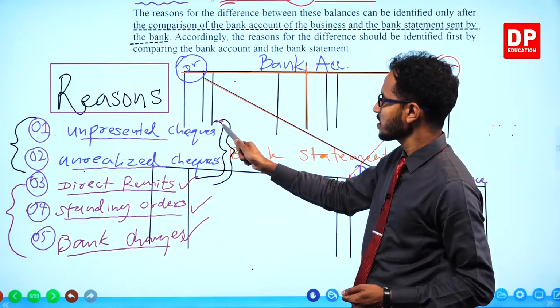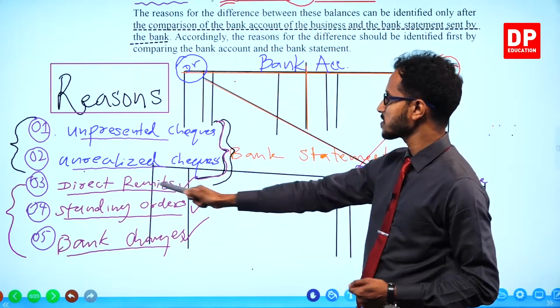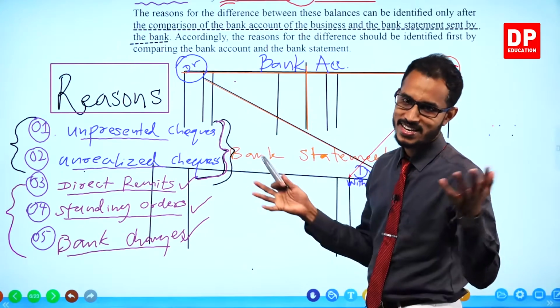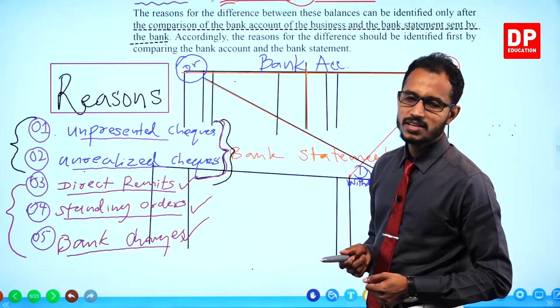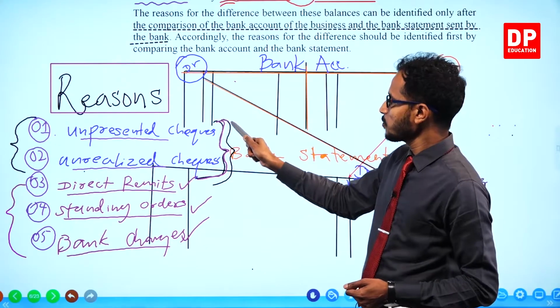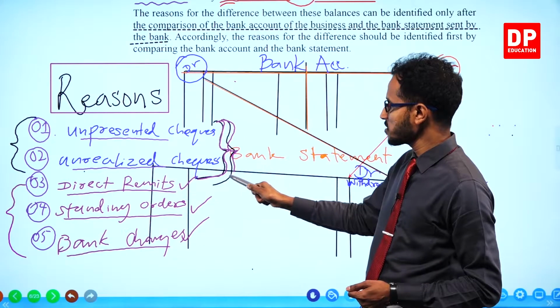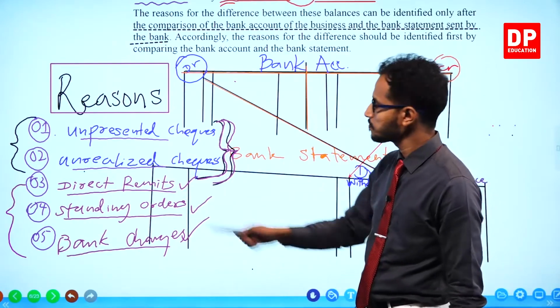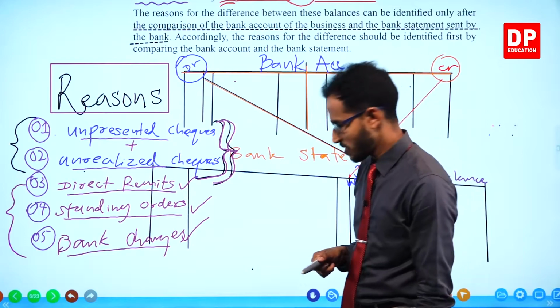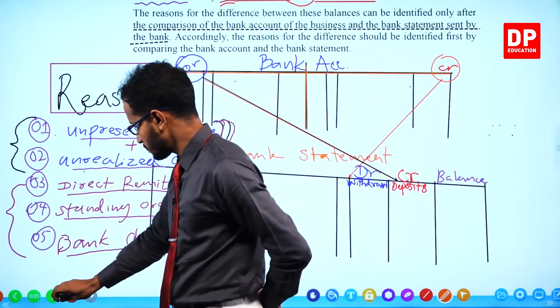What else do we have from the things that we found? These ones: unpresented checks and unrealized checks. So you have understood by now. We have to prepare the bank reconciliation statement using these two.